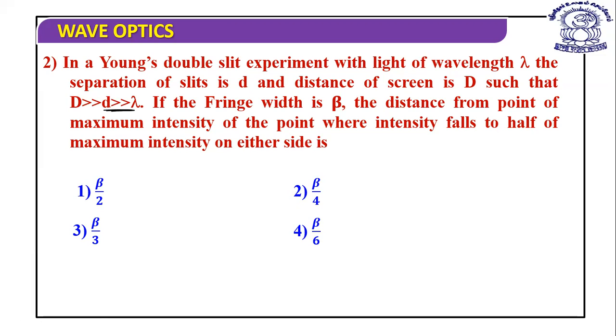The distance from the point of maximum intensity to the point where intensity falls to half of the maximum intensity on either side is? The point where the intensity falls to half of maximum intensity is beta by 4.